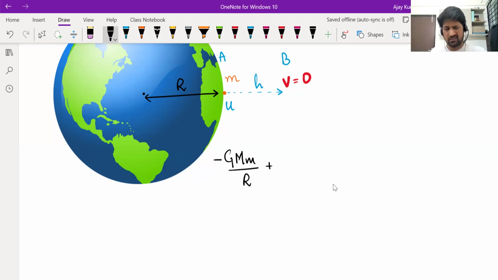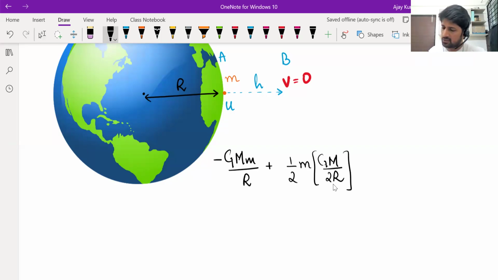Next is kinetic energy. The planet is assumed to be at rest. We are looking at everything relative to the planet only, so the planet's kinetic energy need not be considered. The object's kinetic energy is half m multiplied with the square of its velocity. Its velocity was root GM by 2r. If you square it, it becomes GM by 2r.